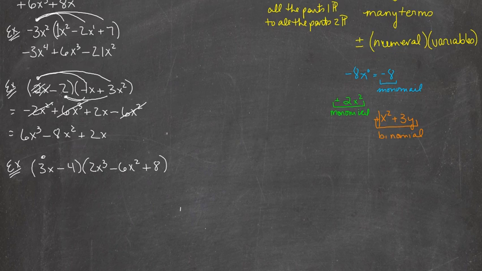We're going to take the first term of the first number and in turn multiply it to each term of the second number. So 3x times 2x cubed, positive and a positive is a positive. 3 times 2 is 6. 1x and 3 more x's is x to the 4th.